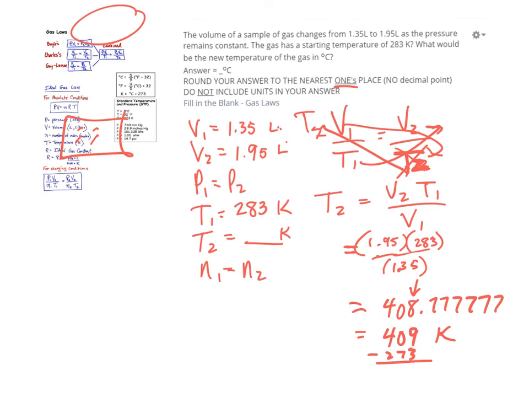That would be 136. 136 degrees Celsius. Now when I put that in, it's a fill in the blank. Don't include the units, but I do have to have 136, not 409. Just because of what they asked for. 409 is the correct temperature, but they asked for degrees Celsius, so we'll have to convert it into that to get the answer correct.